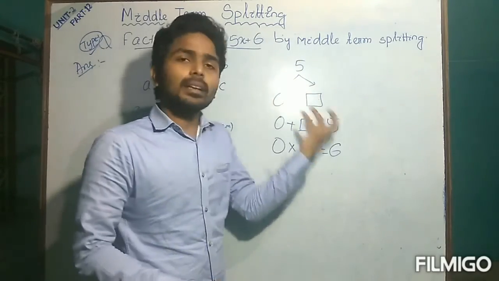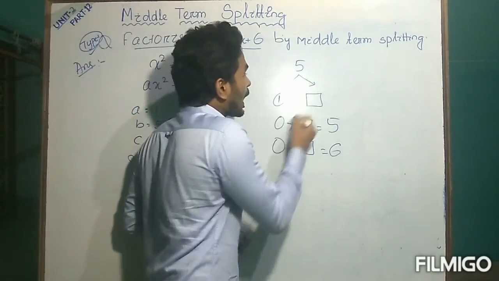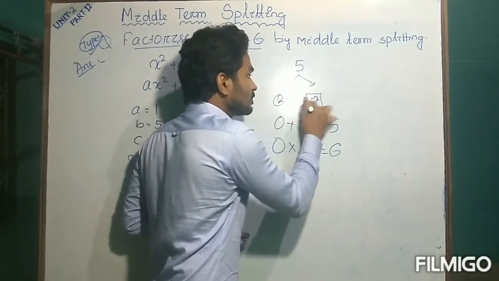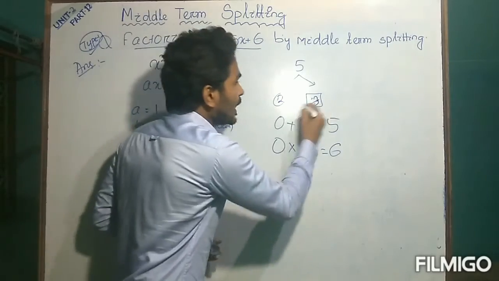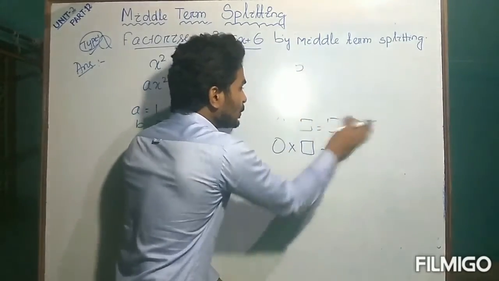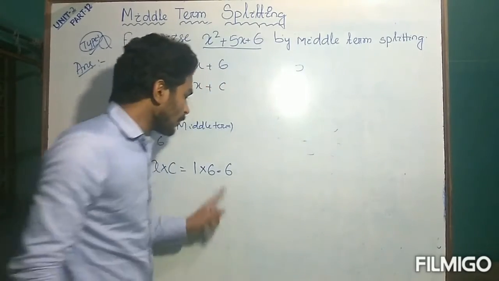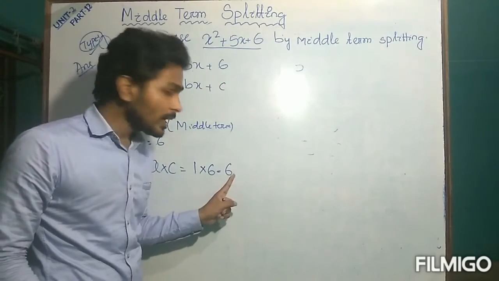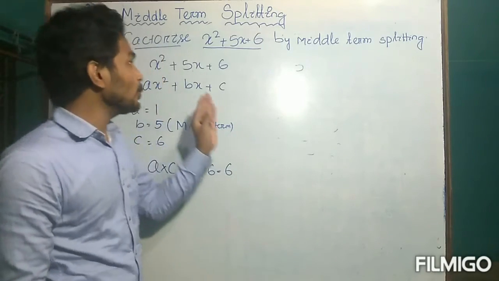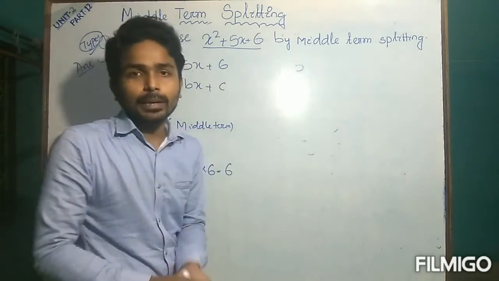Now we will break this middle term 5. We can assume any number. Suppose I assume 1 and 4, or I can assume 2 and 3. But it will be very easy if you factorize 6, then it is very easy to break this 5 into 2 numbers.